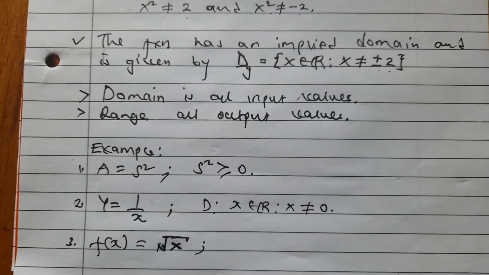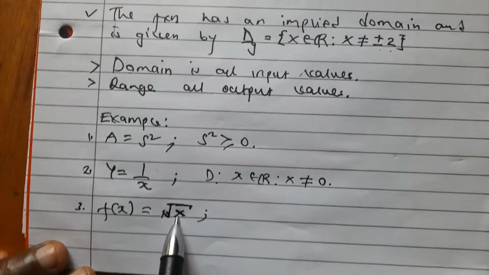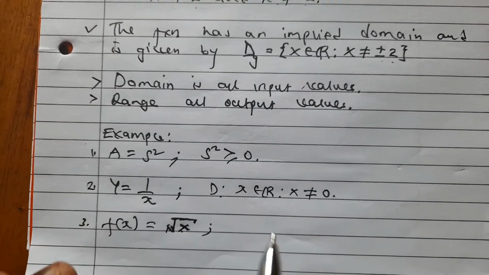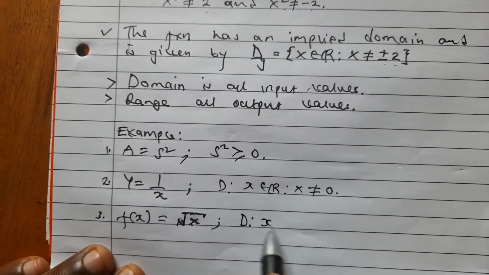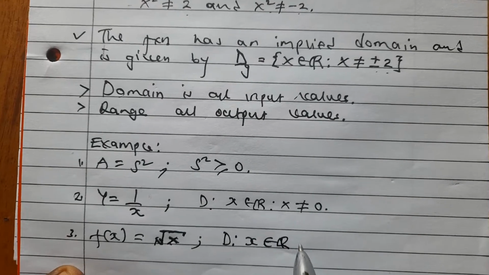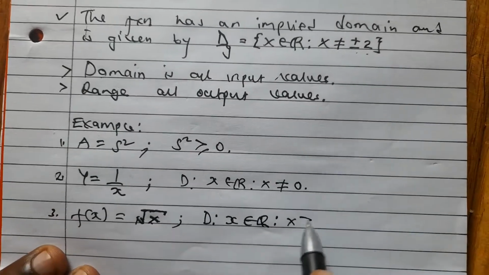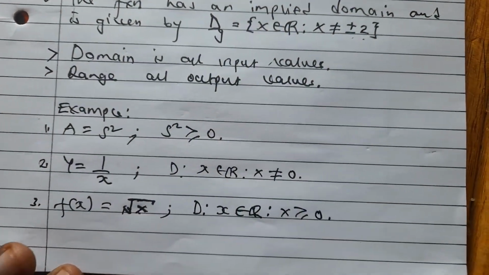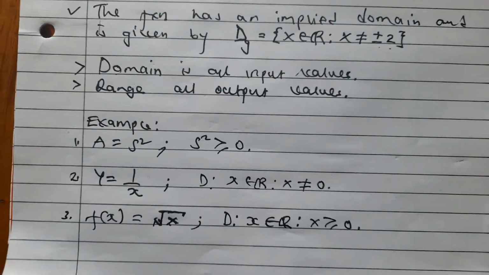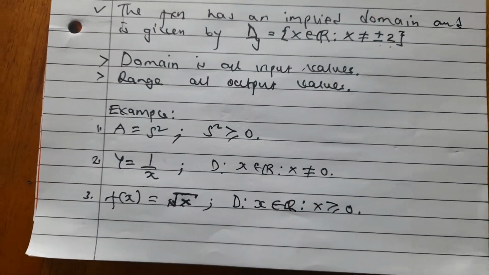So this basically means that x will always be greater than or equal to 0. So the domain is such that x is in real numbers such that this x is greater than or equal to 0. That is how we basically determine the domain.